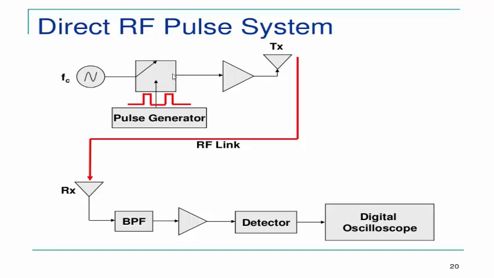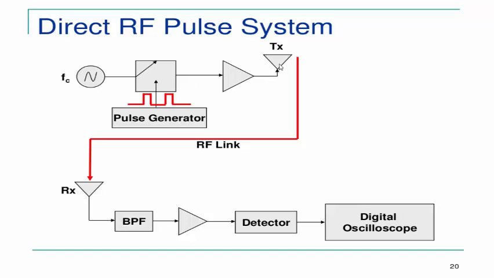This is the block diagram for the direct RF pulse system. In this figure, fc is the channel or carrier frequency, and a pulse generator is used. The modulator will generate the radio wave signal.